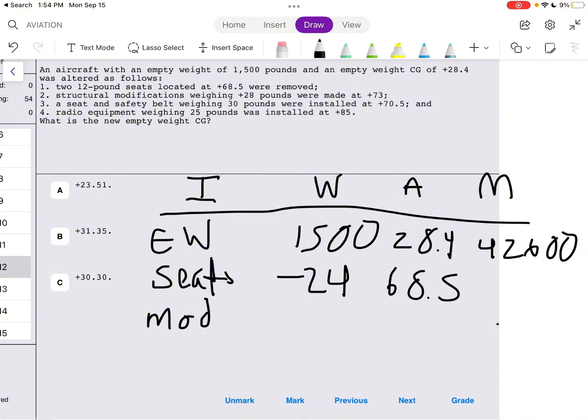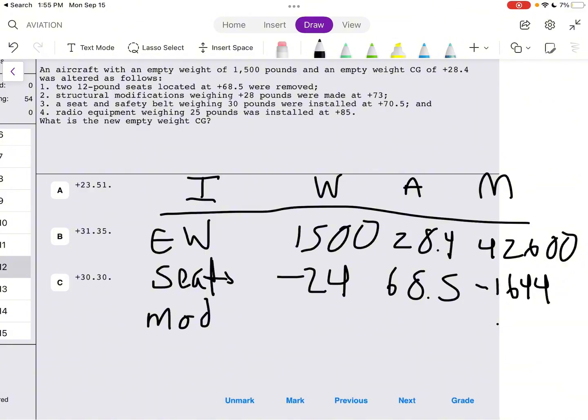So we are going to multiply negative 24 by 68.5. Remember, weight times arm. And it is important that you double check that your calculations are correct when you put them into the calculator. So we got negative 1,644.